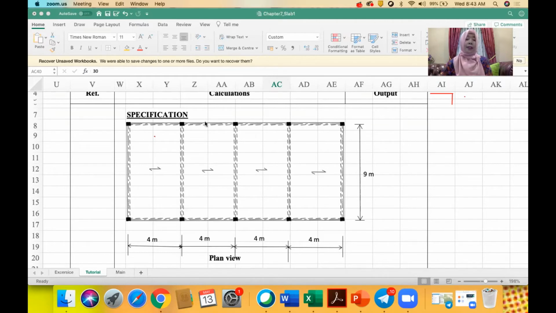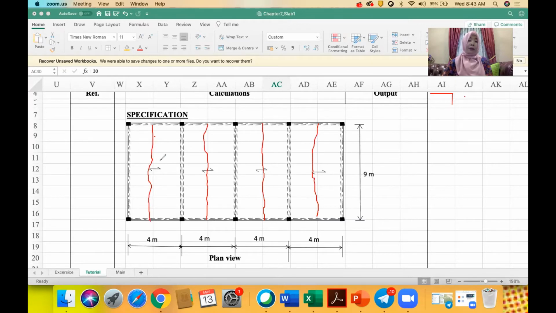Always remember the cracking pattern will be this way, spiral to the longer side of the slab.